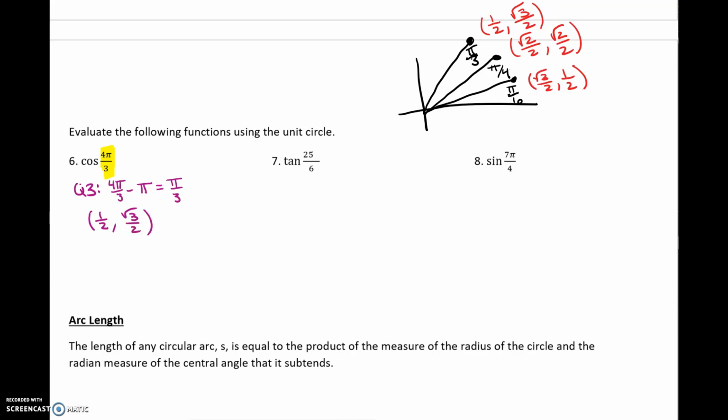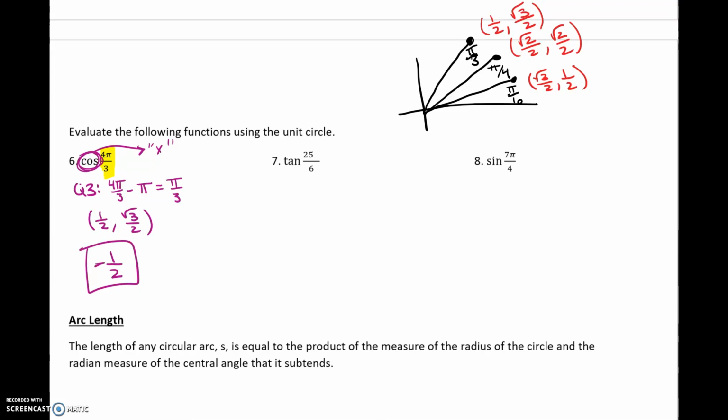So now I'm going to take a look. Cosine, so I'm dealing with cosine. Cosine is my x value. So what is my x value at this coordinate? It's 1/2. So cosine is going to be 1/2. Now the last thing you have to do, if it's in quadrant 3, is my x going to be positive or negative? Well, it's going to be negative, so my final answer is -1/2.